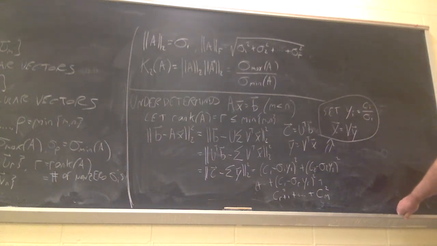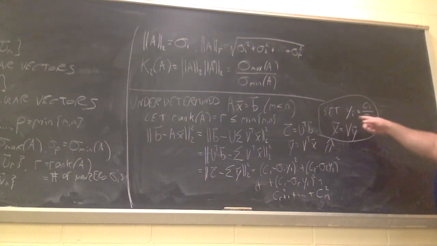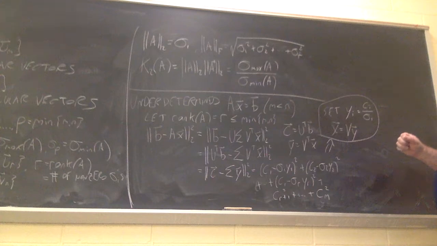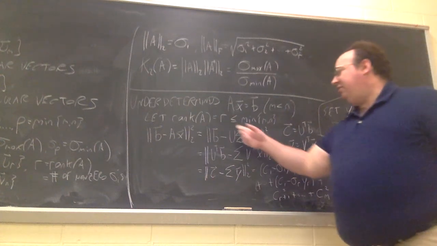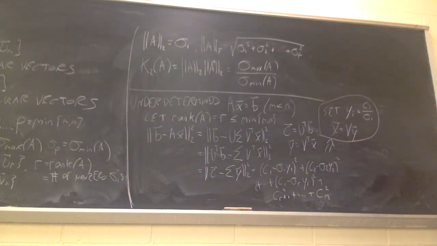Okay, so if I do have components of y that are not set by this, like for the case where r is strictly less than both m and n, in other words, the rank deficient least squares problem, I have some flexibility there. So what can I do?